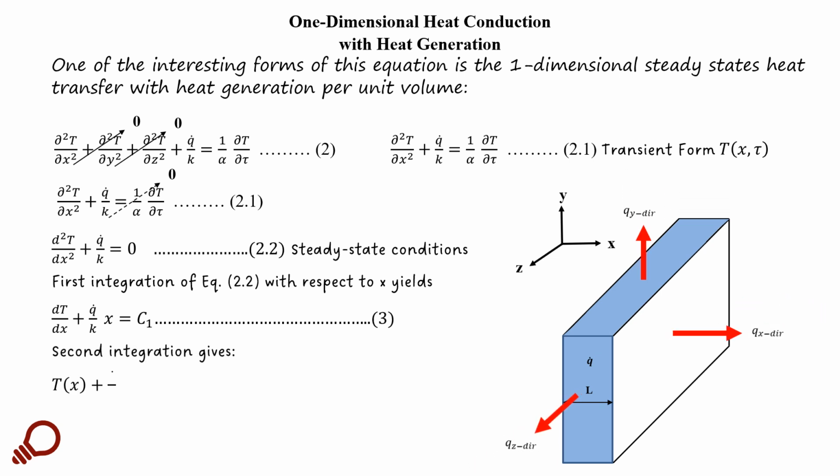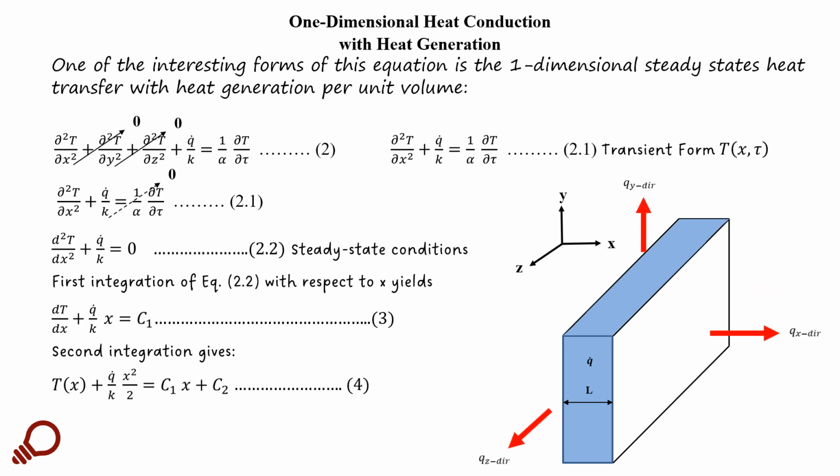If we conduct the second integration, we will get T of x plus q dot divided by k times x squared divided by 2 equals C1 x plus C2. This is a magic equation, used in one-dimensional heat transfer with heat generation, and it can be used regardless of the boundary conditions. So I will call this equation a magic equation.